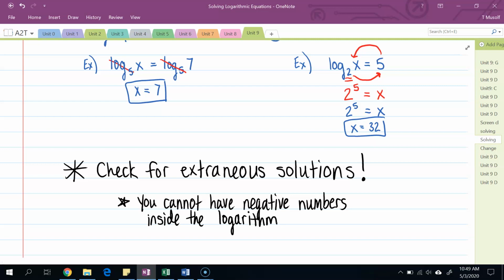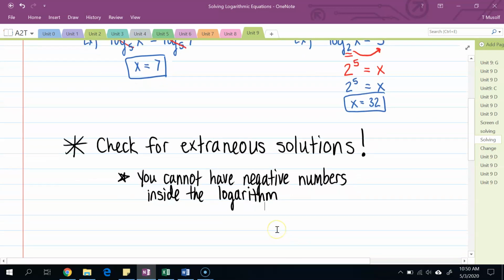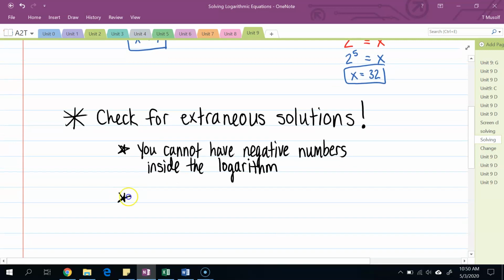If you think back to when we talked about domain, log functions now have a restricted domain also. You cannot have negative numbers inside the logarithm. So that means when you're done solving, you're going to plug your answer back in.